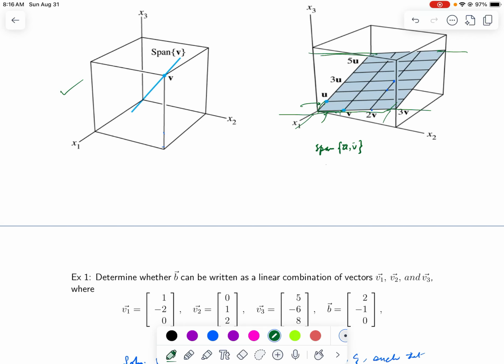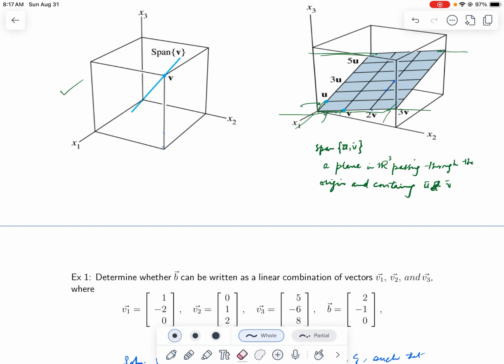So this gives you a plane in R3 passing through the origin and containing u and v. That is what the span of u, v is.